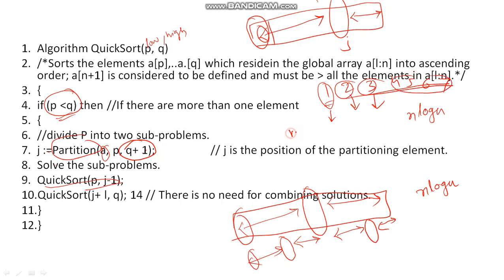So now the total number of comparisons done is n plus n minus 1 plus n minus 2, and so on up to 1. That is equal to n into n plus 1 divided by 2, that is n square plus n divided by 2. So the complexity of the quicksort in the worst case is n square, and in the best case it is n log n.